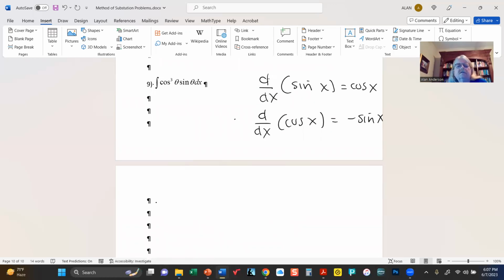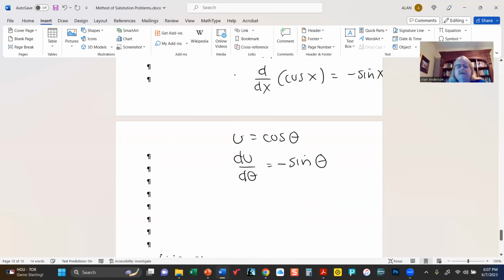Let's try u equals cosine theta. du/d theta is negative sine theta. And therefore, du is negative sine theta d theta.